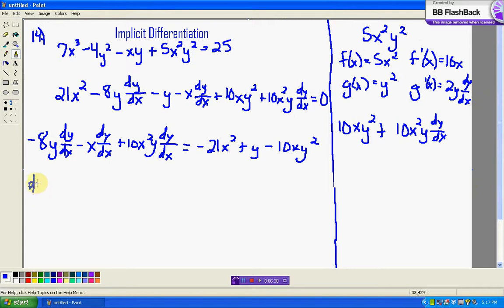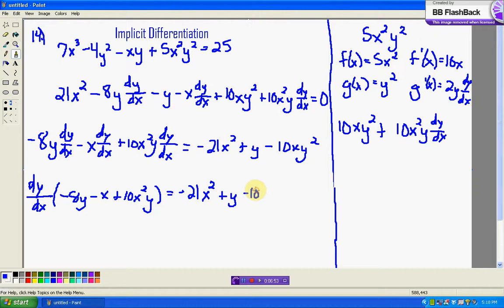So we get dy dx times what's left, negative 8y minus x plus 10x squared y, equals negative 21x squared plus y minus 10xy squared.